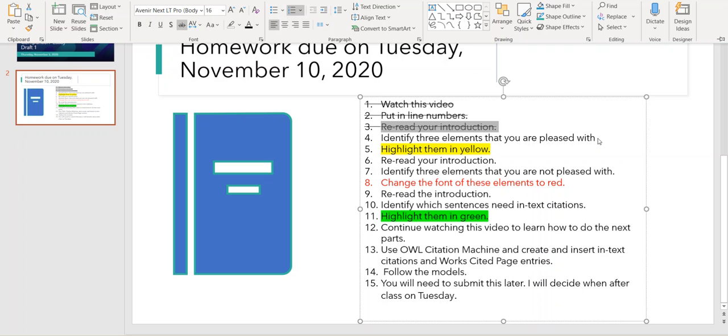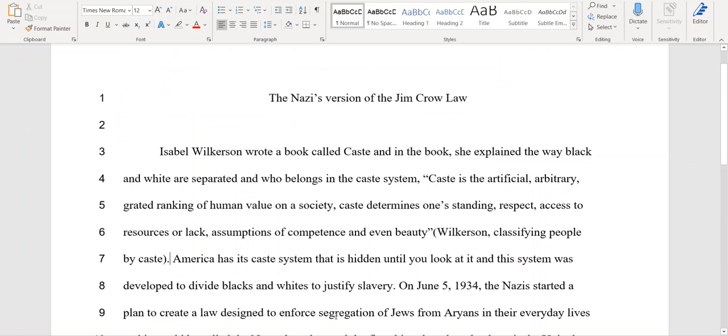Okay, so now I'm going to identify 3 elements that I am pleased with in this person's introduction, and I'm going to highlight them in yellow. So go back here.